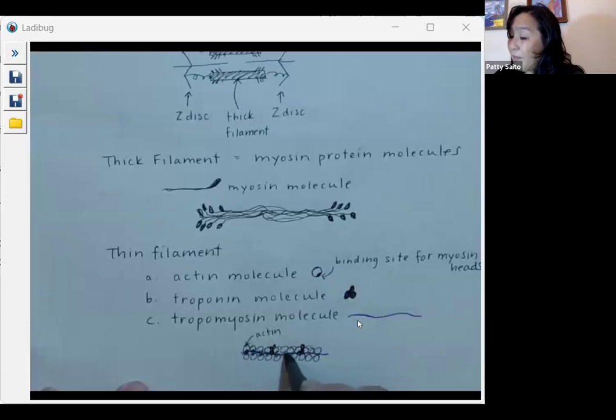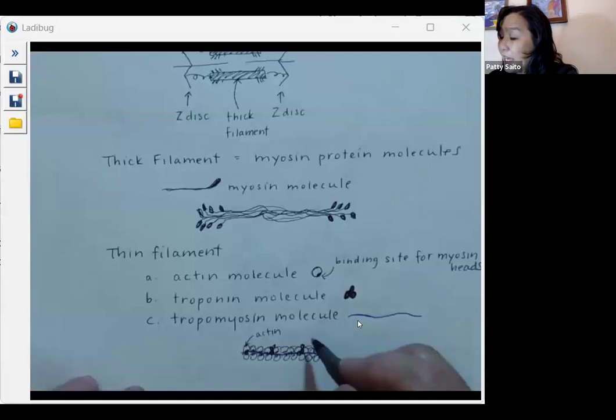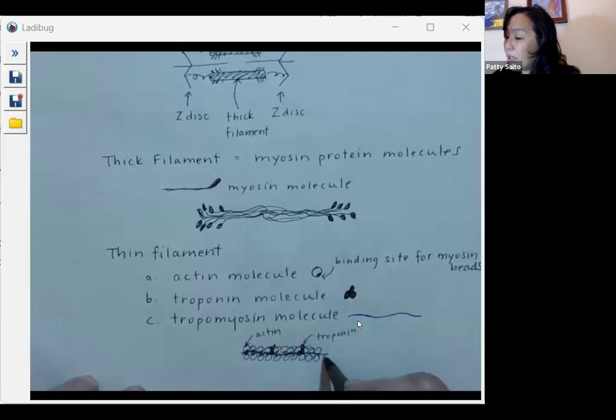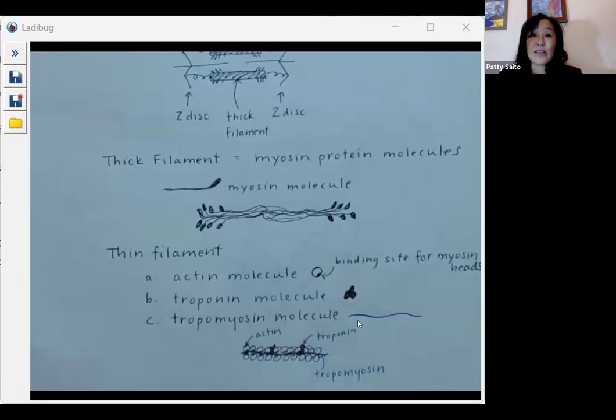See, the rope, the tropomyosin, covers up the binding site. This is the troponin, and this is the tropomyosin. We're going to see what happens when we contract our muscles. So how do these parts all fit together so that we can contract a muscle and move around and things like that?